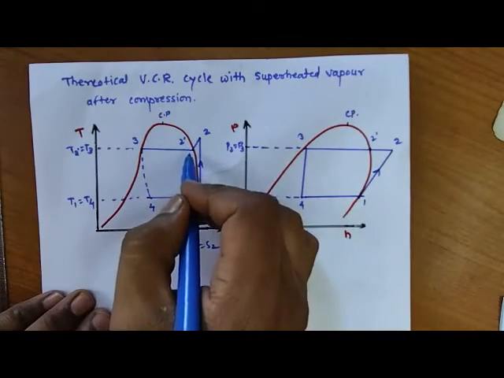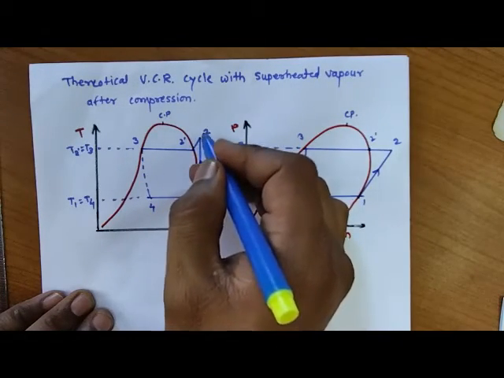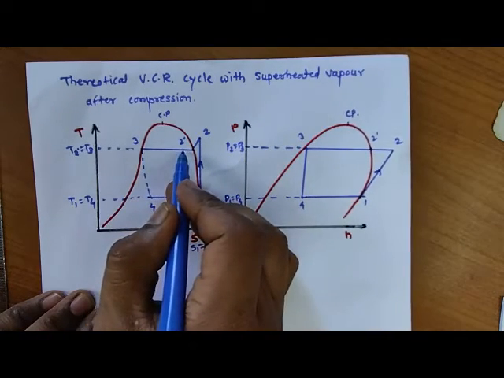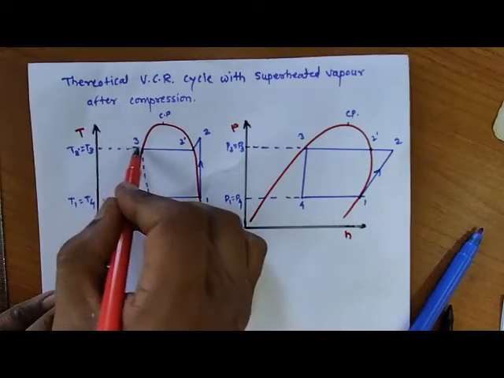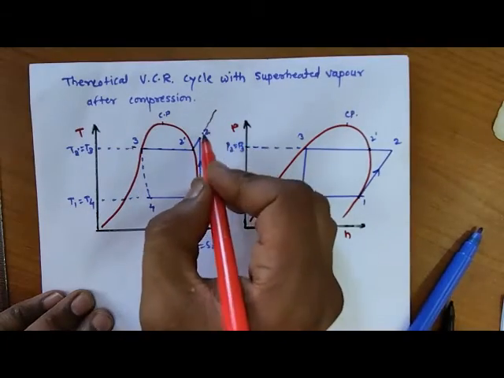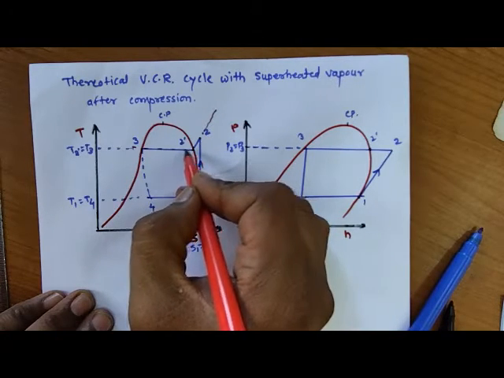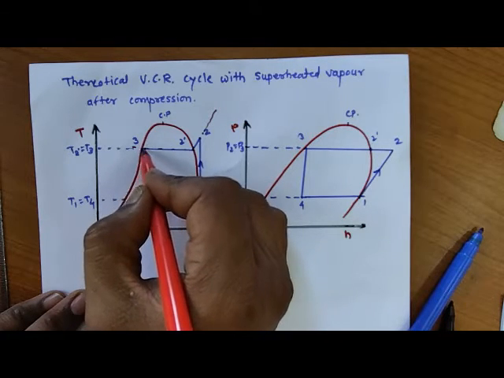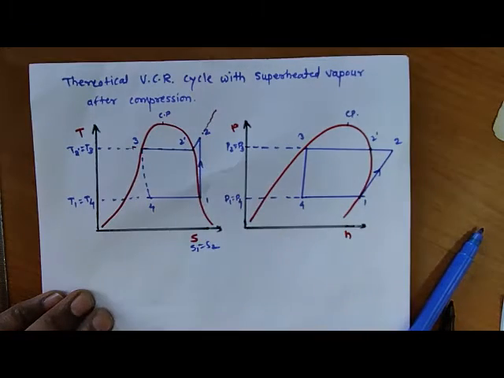If you see here, at constant pressure in the TS diagram, the inclined line indicates the constant pressure line, but inside the dome the horizontal line is again the constant pressure line. So at constant pressure the temperature at point number 2 is reduced, ending with the condensation process, and point number 3 is available on the saturated liquid line.